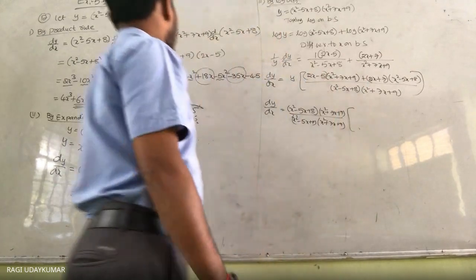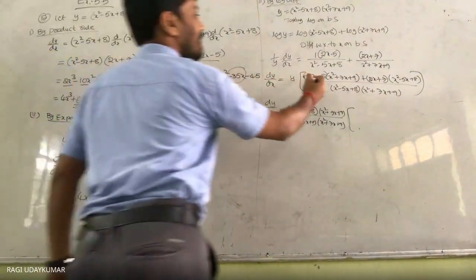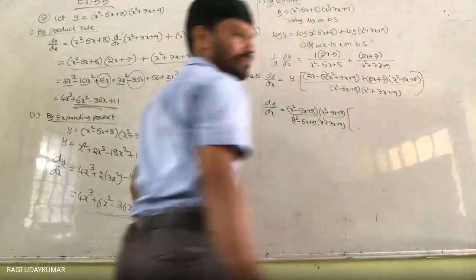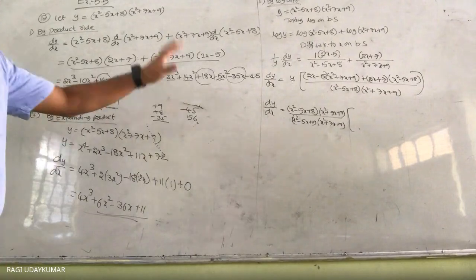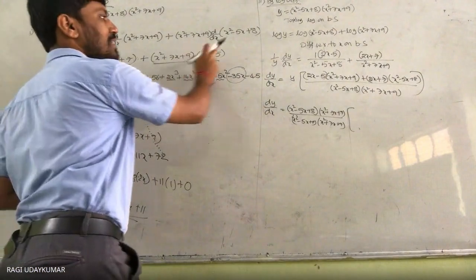So what you got here? ये देखो, with this one second, and finding that product automatically you are going to get these terms only. But we wrote here this one as a first.